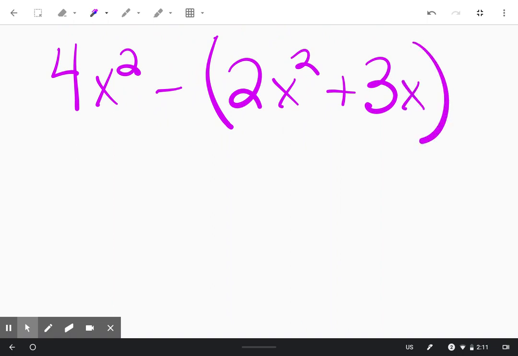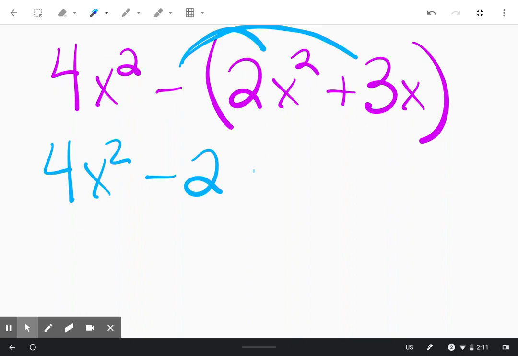This is a little bit different because now we've got this negative here that needs to be dealt with. Because this parentheses is right after this negative, it means that it's not only subtracting this 2x squared, but it's also subtracting the 3x. So this could be rewritten like this: 4x squared minus 2x squared minus 3x.